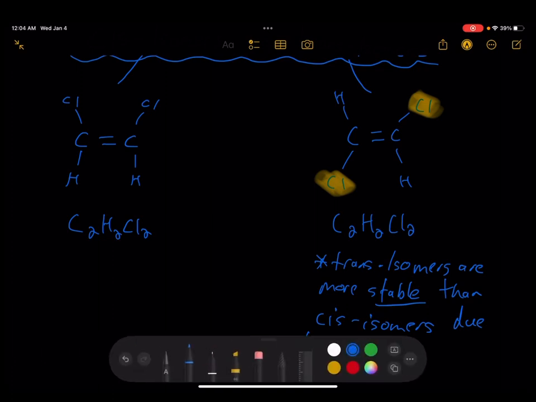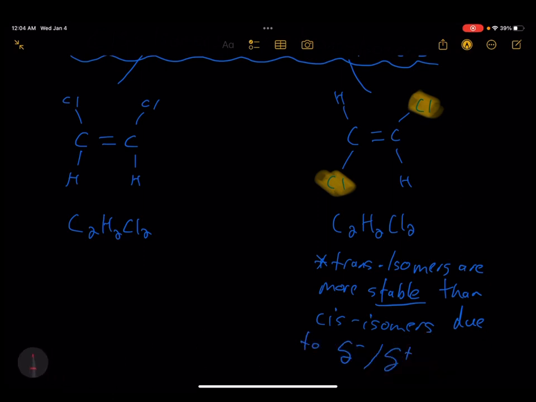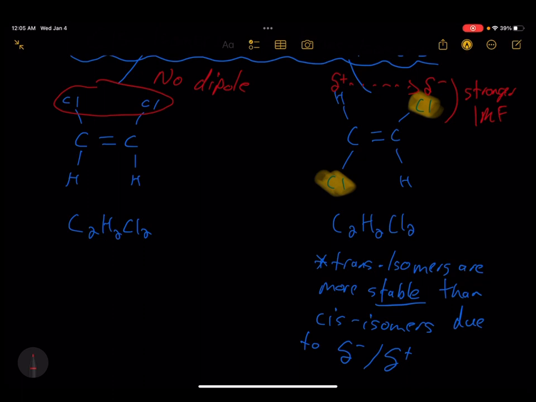And so by that I mean that if I go back to electronegativities, I would see that chlorine has a higher electronegativity than hydrogen, I would have chlorine as the partial negative, hydrogen as the partial positive, and you would get somewhat of a dipole moment over here. And that would create a stronger bond, right, or even stronger intermolecular force, versus this one, in which no dipole exists, because it would have the same electronegativity.